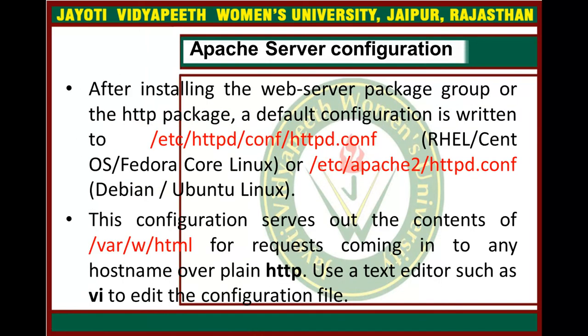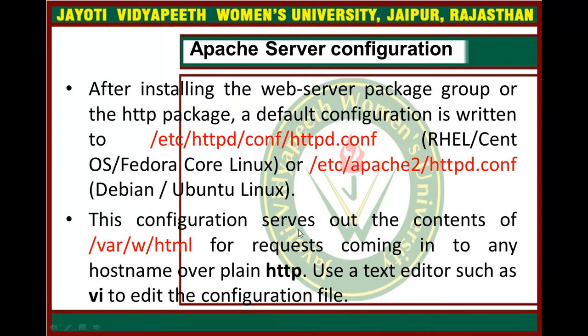Now come to the Apache server configuration. After installing the web server package group or the HTTP package, a default configuration is written to /etc/httpd/conf/httpd.conf, that is in RHEL CentOS operating system, or in Fedora Core Linux operating system. If you are using Debian and Ubuntu, you use this one written on the server.